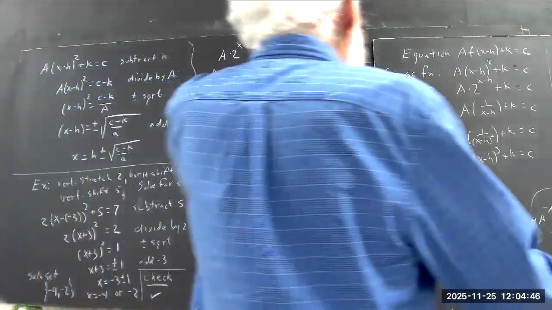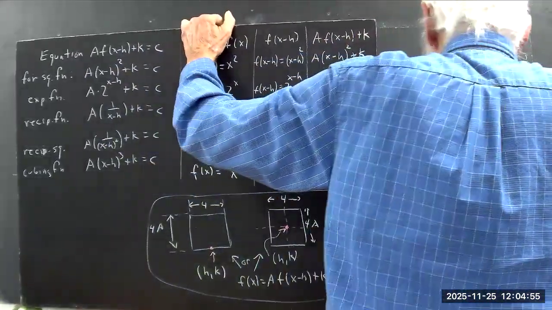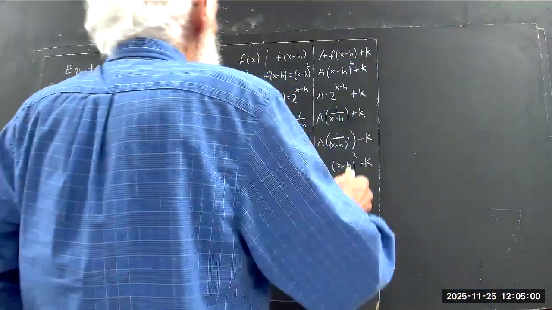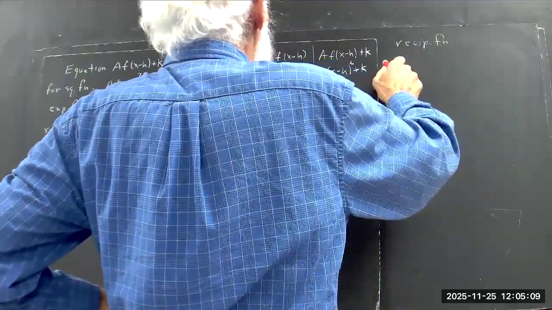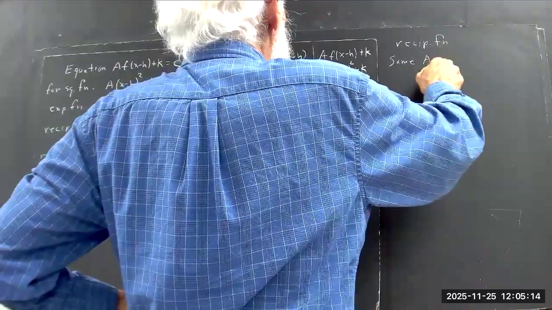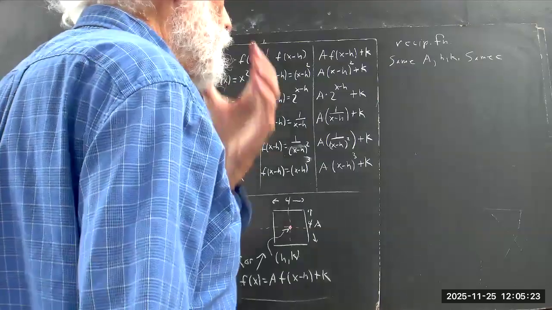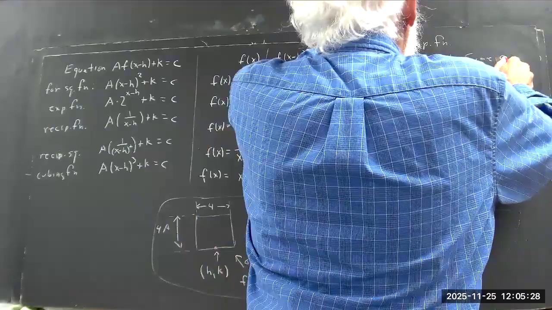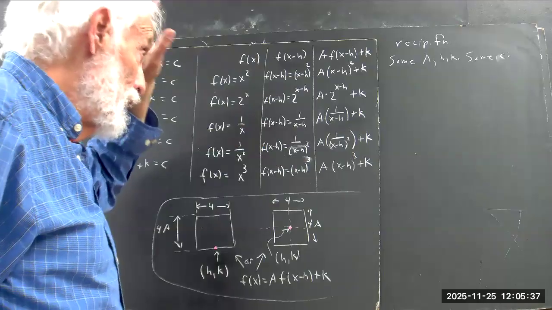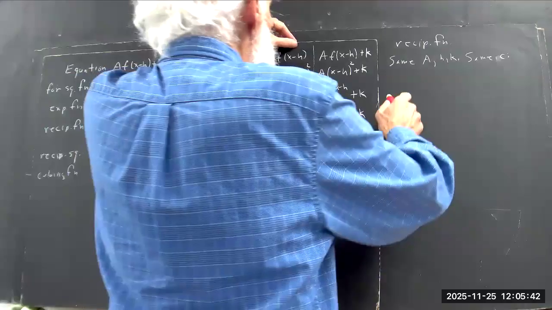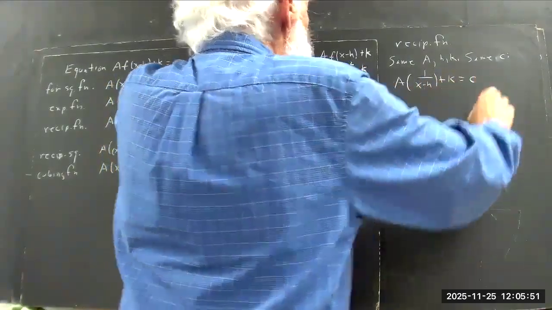For the reciprocal function, using the same A, H, and K as we did before, and the same value of C, the reciprocal function, the a over x minus h plus k form is this.